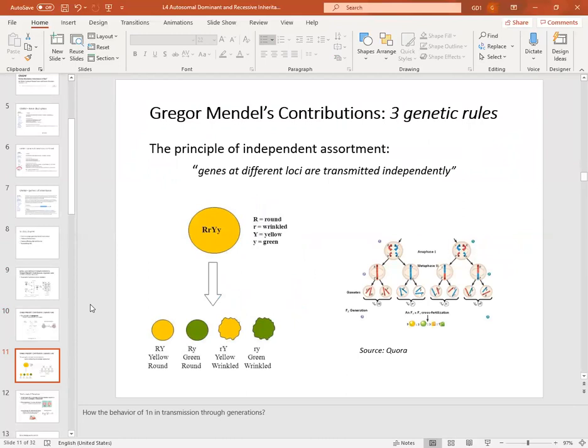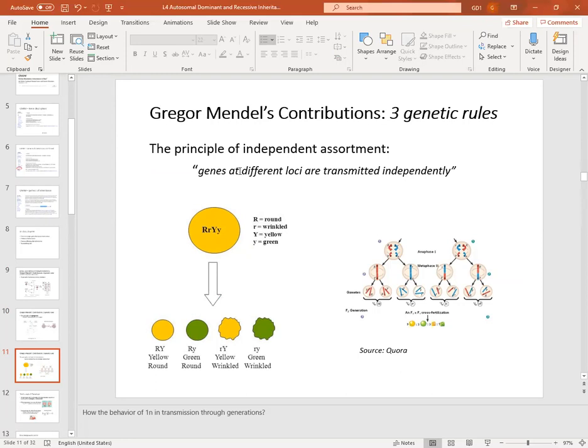The third rule is the principle of independent assortment. A phenotype is transferred to the next generation independently of another genetic factor.